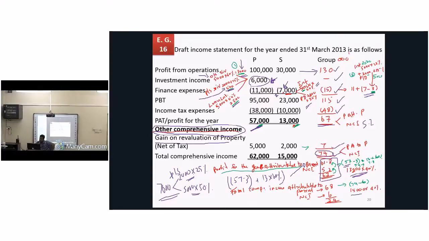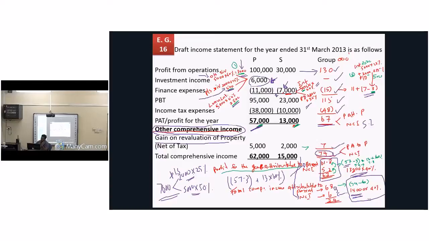Again, it's easy. 15,000, 15 into 40%. From this 40% you can straight away take the NCI portion. It means 6. Then the balance is allocated to the group or parent portion. It's very simple work. Then it will be 68. I have given the workings here.